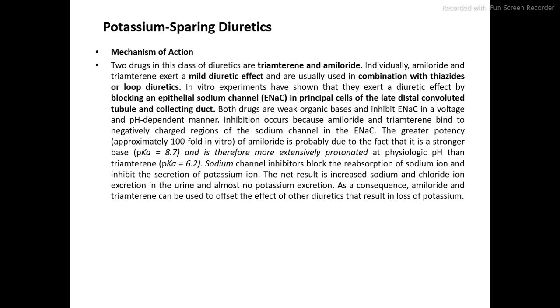They inhibit the epithelial sodium channels and the entry of the sodium ions into the cell, and thereby increase the concentration of potassium ion in the cell. Once they inhibit the sodium, the potassium ion concentration simultaneously increases.